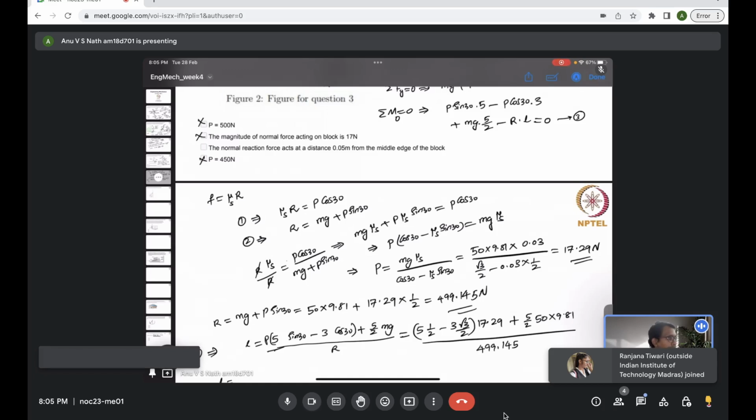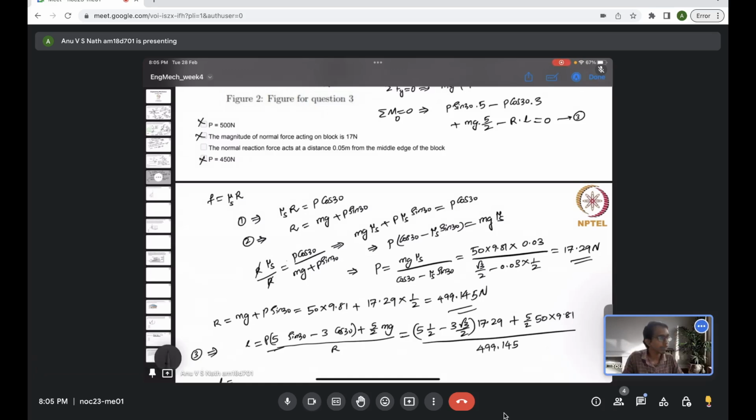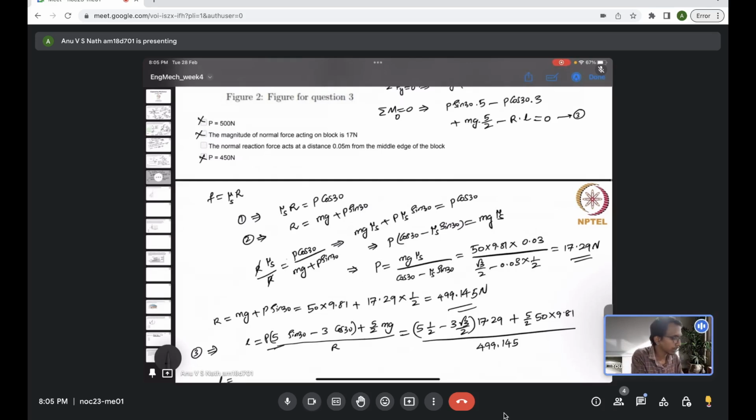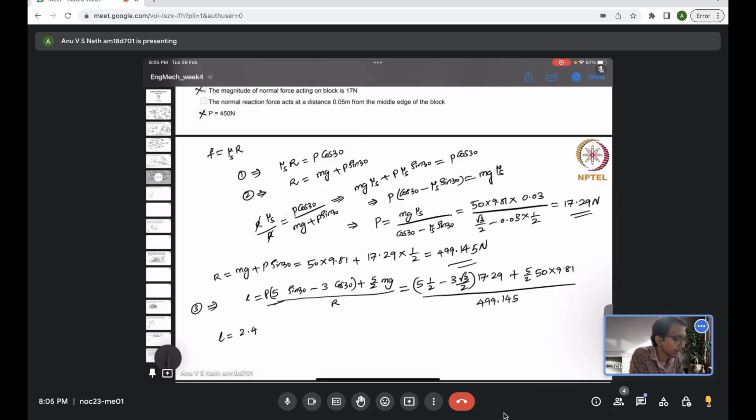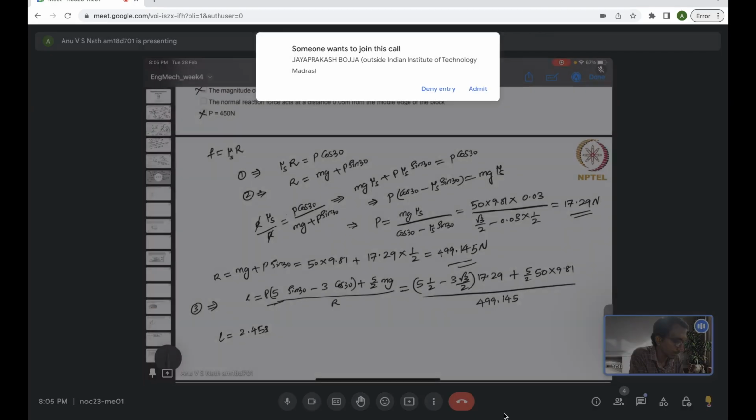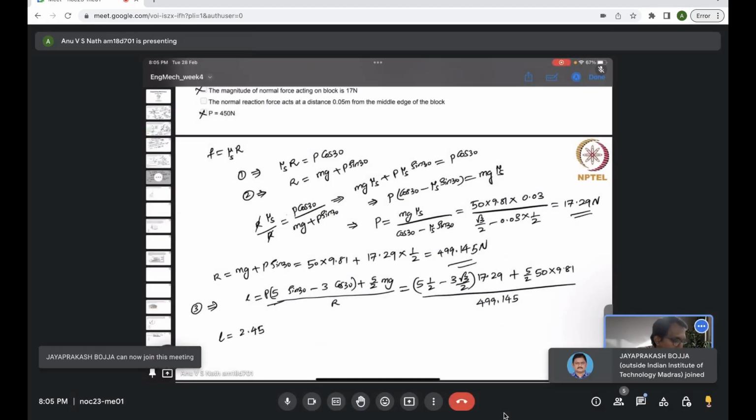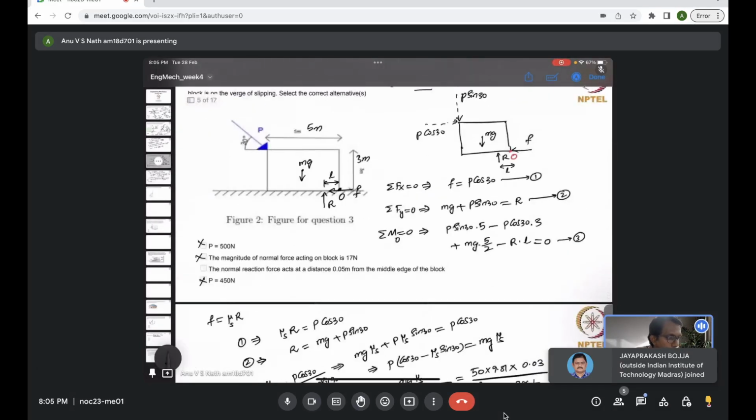Okay, now let me evaluate. So the answer L is 2.453 meter, and this is the distance from the point O measured in the left direction.